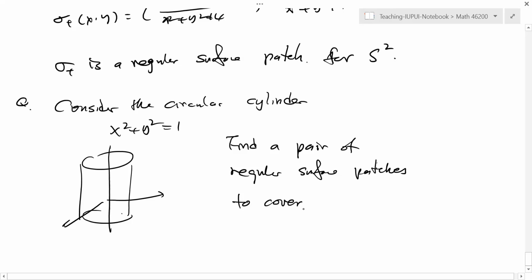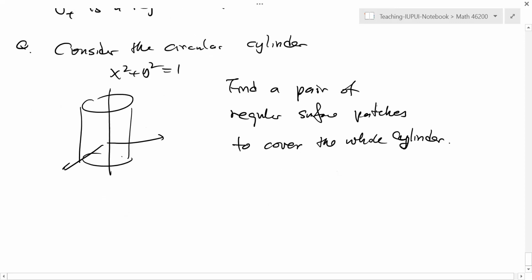That means the images cover the whole cylinder. Okay, let's do it. Right, how to do it?